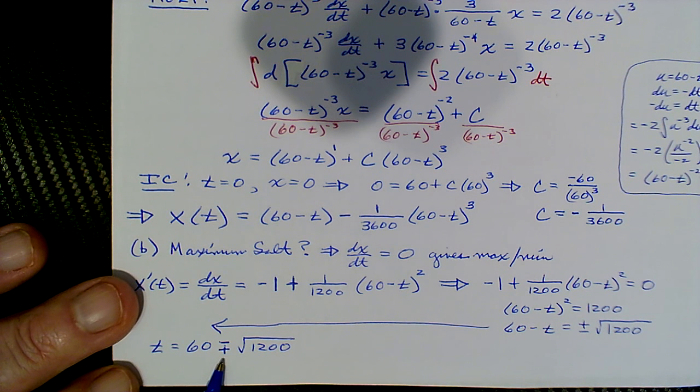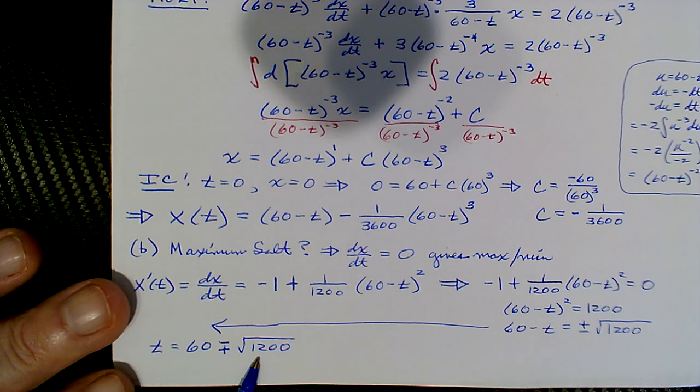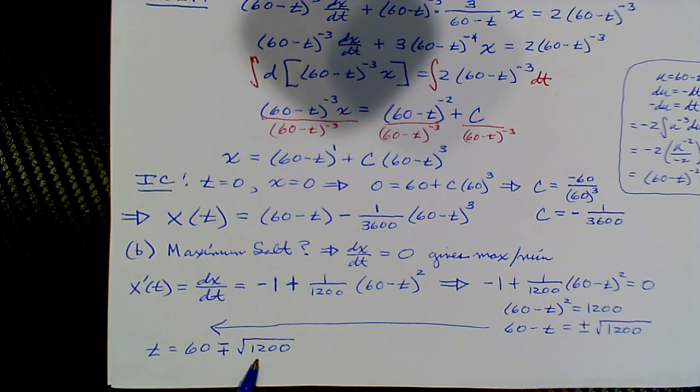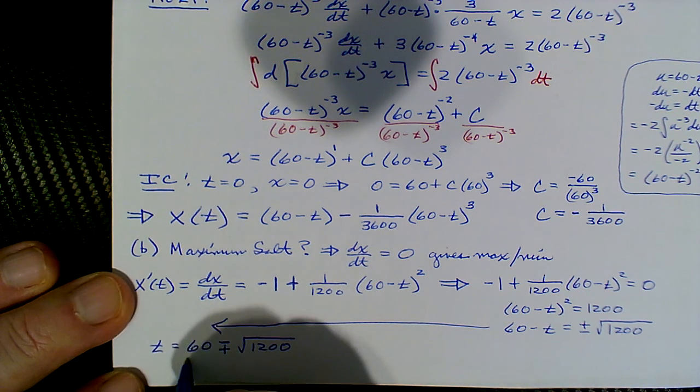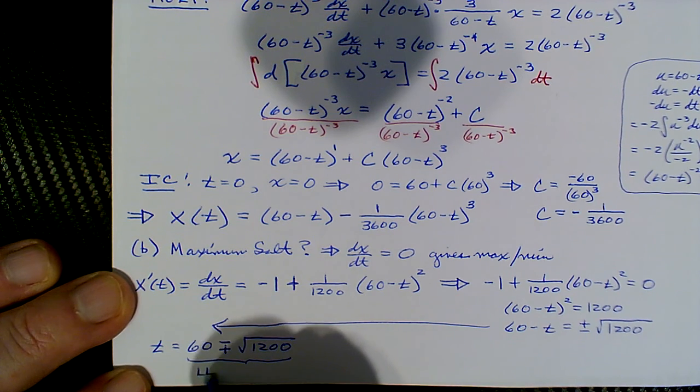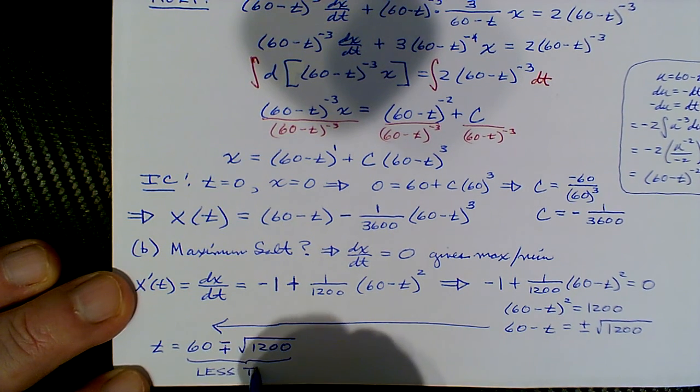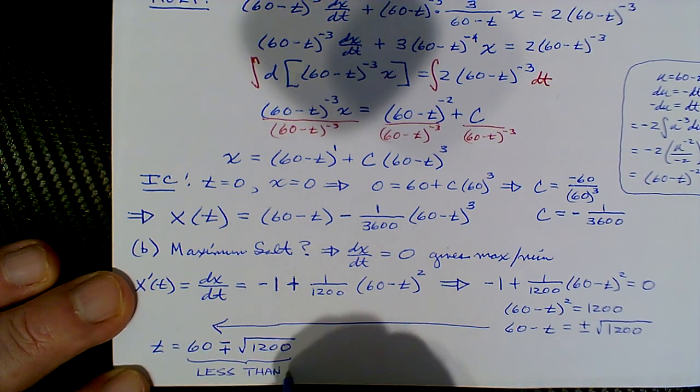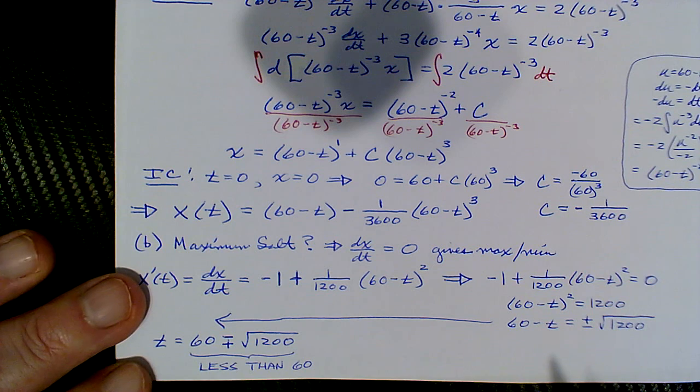But then the time has to be less than 1 hour because the tank runs out in an hour. So it can't be the first. It has to be less than 60.